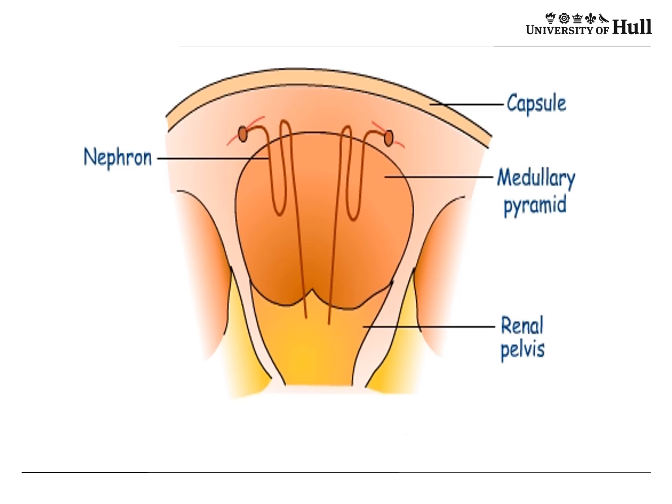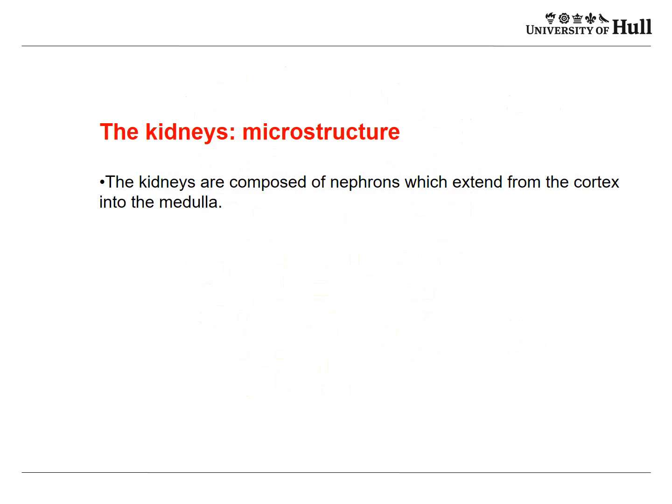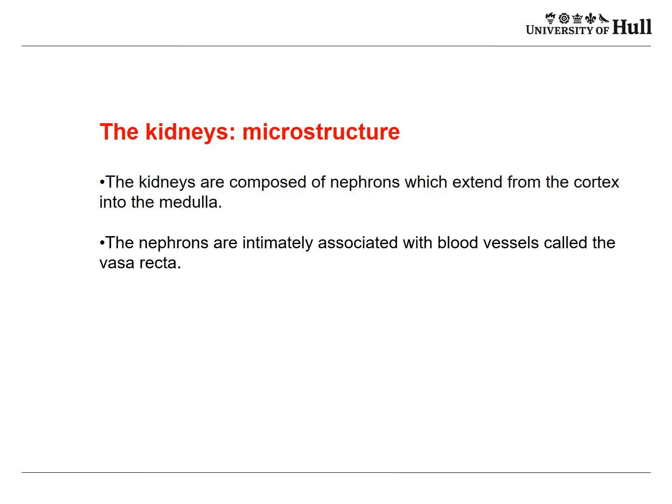It shows the capsule which surrounds the kidney, shows the area called the renal pelvis. The nephrons are intimately associated with blood vessels called the vasa recta. We'll look at these in the next diagram.